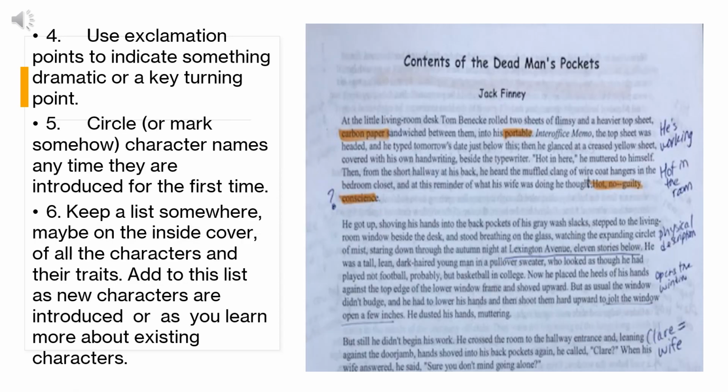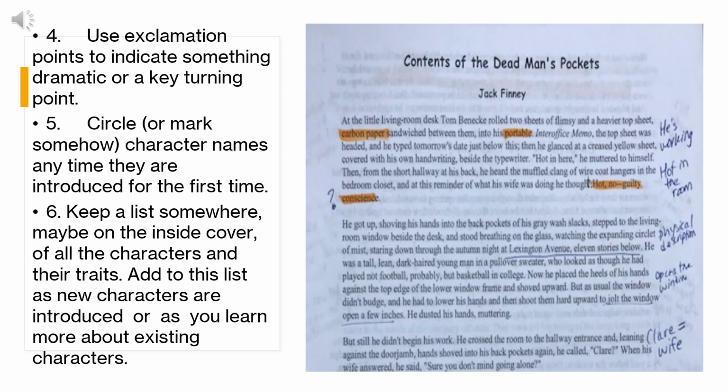Let us have Azevedo's strategies numbers 4, 5, and 6. Number 4, use exclamation points to indicate something dramatic or a key turning point. 5, circle or mark somehow character names anytime they are introduced for the first time. 6, keep a list somewhere, maybe on the inside cover, of all the characters and their traits.